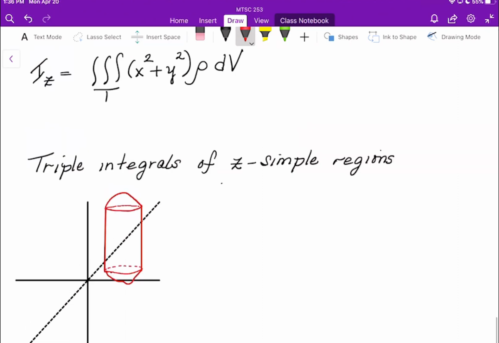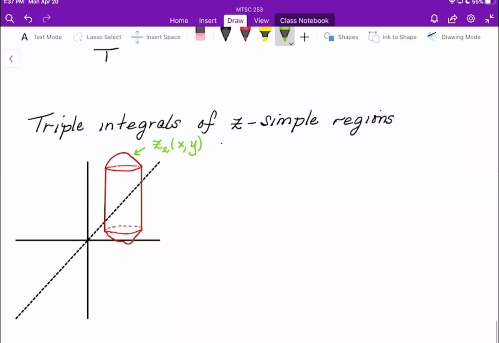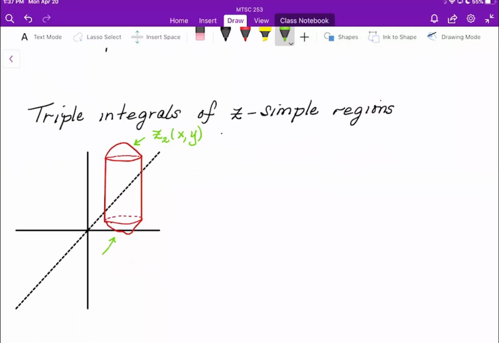The reason why it's going to be Z simple is because this is going to be Z2 of X and Y. And then down here, this is going to be Z1 of X and Y. And then there's some region R that is the projection down onto the XY plane that this thing is over top of.